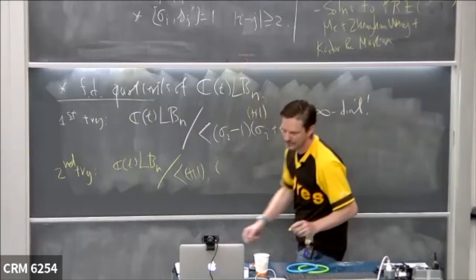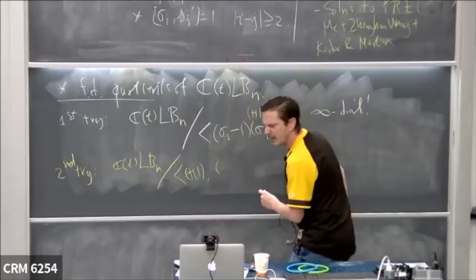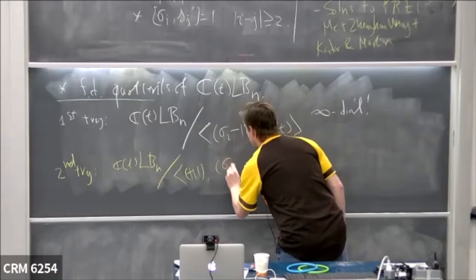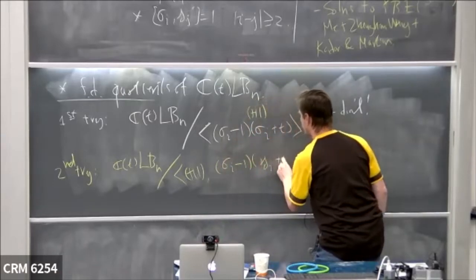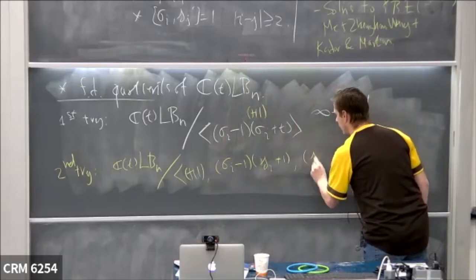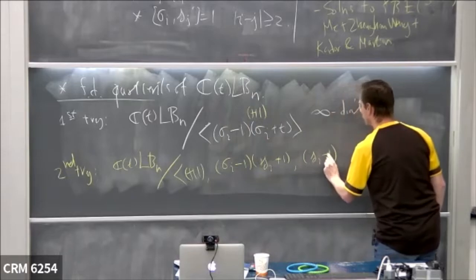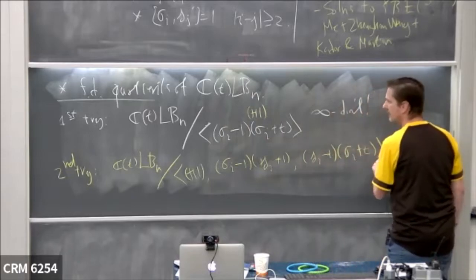And the two relations are, so I don't get them wrong, sigma i minus 1, s_i plus 1, and s_i minus 1, sigma i plus t.